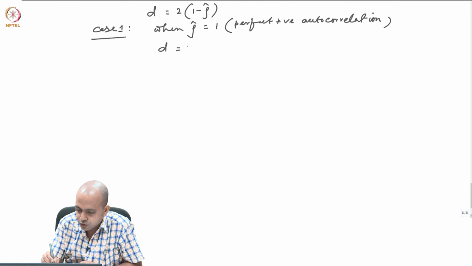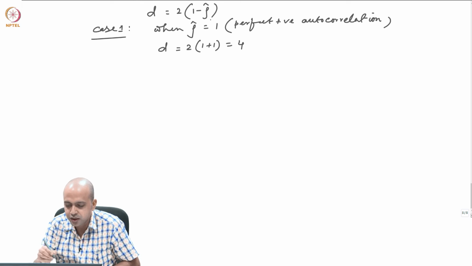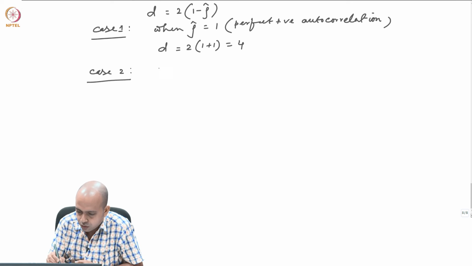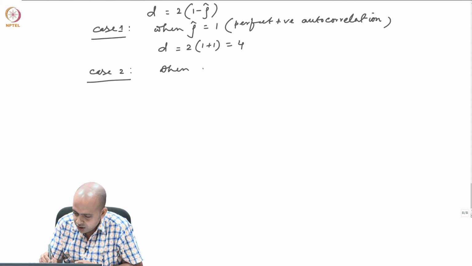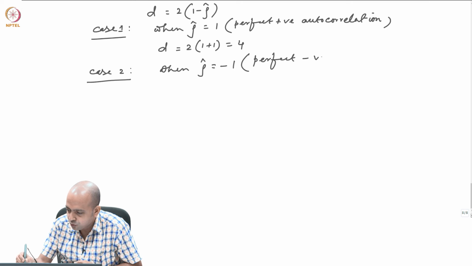D would be equal to 2 into 1 minus 1 equals 0. So, when rho hat equals 1, d equals 0. Case 2, when rho hat equals minus 1, that means perfect negative autocorrelation.